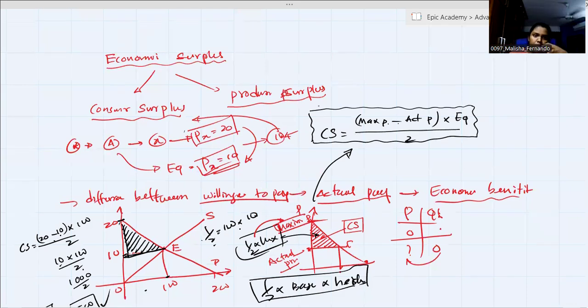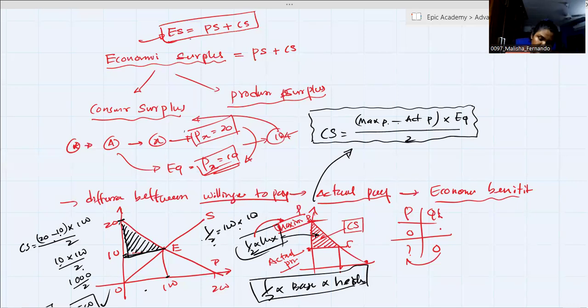So now you can identify economic surplus equals producer surplus plus consumer surplus. Okay, that means ES equals PS plus CS. This is the equation. Economic surplus equals producer surplus plus consumer surplus.